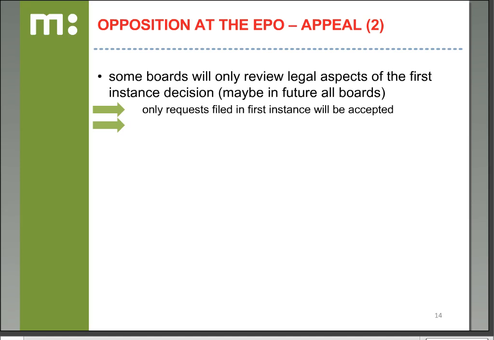And additionally, there will be no further technical discussion possible. As I said, some boards do that at the moment, whereas in some other boards, you may start the technical discussion all over again. That may change in the future. It remains to be seen. So that has the effect that you should really put forward all your material against the patent in the first instance already.